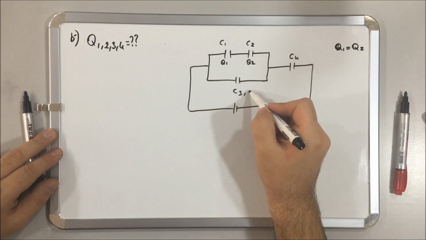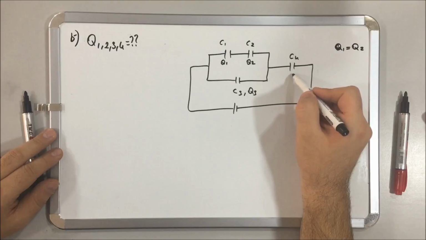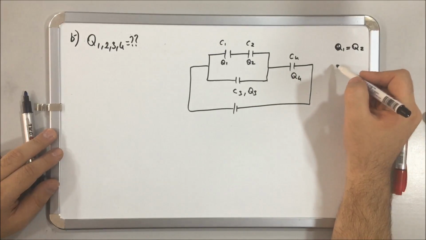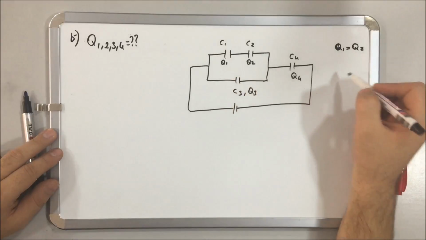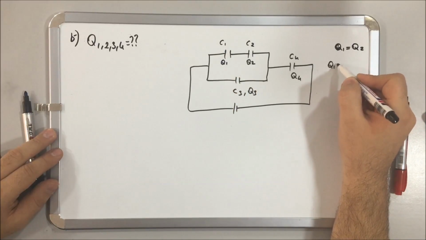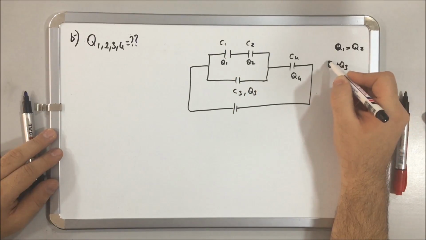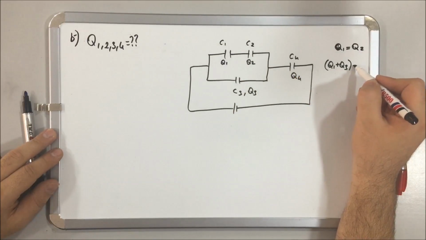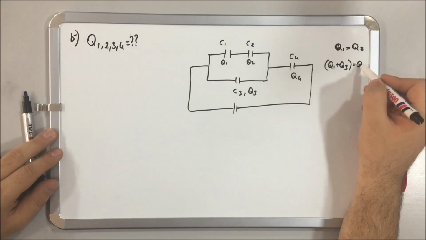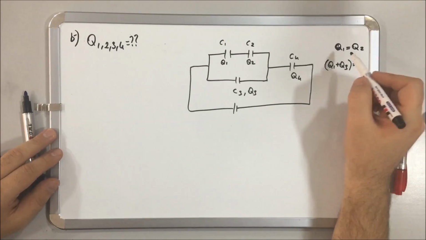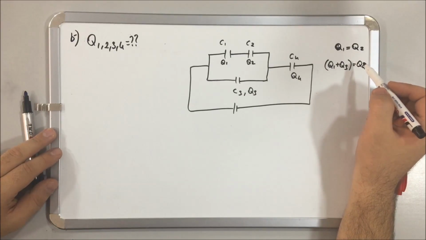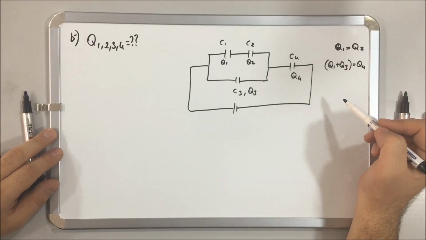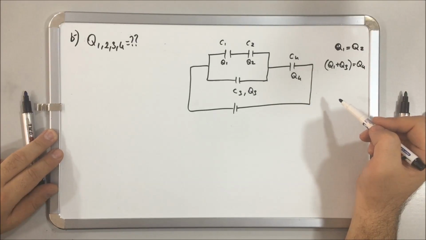And for this one, there is Q3. For this one there is Q4. And also Q1 plus Q3, because they are parallel to each other, must be equal Q4. These are the properties of their combination. So first of all, let's calculate Q total.